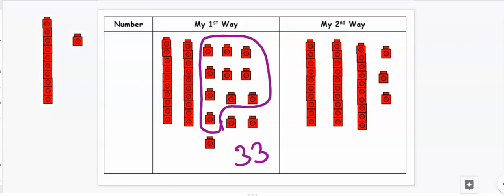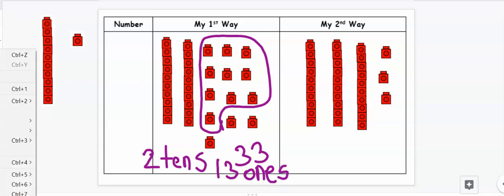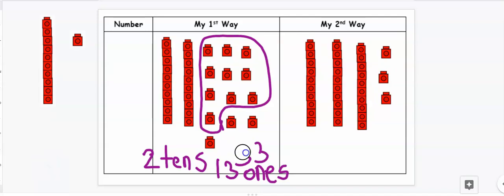Okay, so I have 2 10s and 13 1s. Okay, so does everybody agree that that is 33? I'll erase this 33 here.